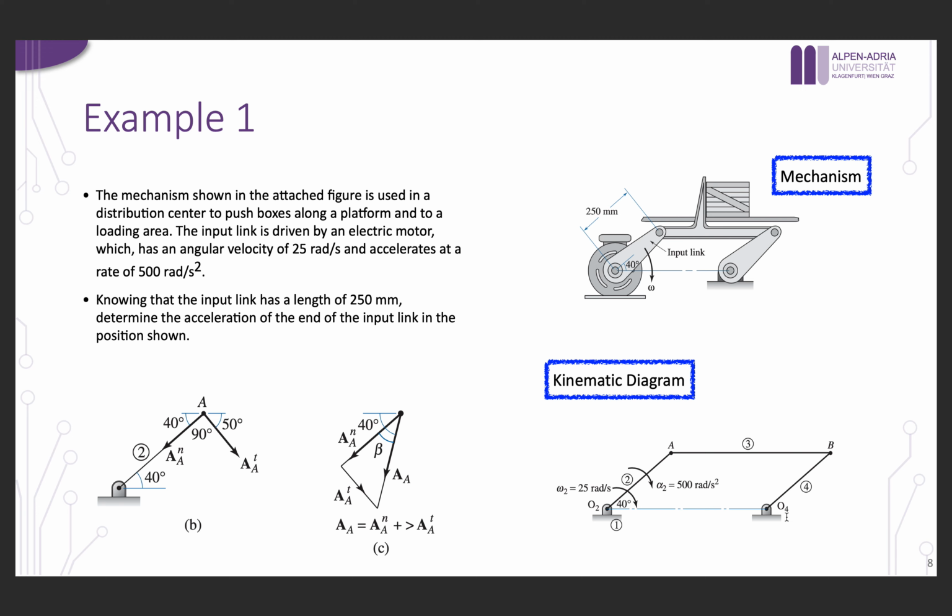We have a driver link, which is this one, with a dimension of 250 millimeters, and we have the angular acceleration of that driver, which is 500 radians per squared second. Here we have the angular velocity, which is 225 radians per second. We have the initial orientation, which is 40 degrees.